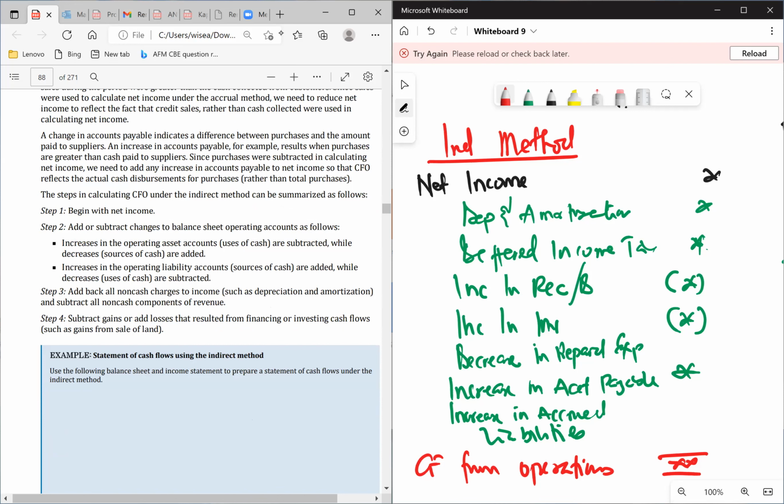So what we are saying is that with the IFRS, there is flexibility with how interest is treated and dividend is treated. But with US, it is strict. So under IFRS an interest payment classified as a financing activity is correct. But with the US, there is no such thing.